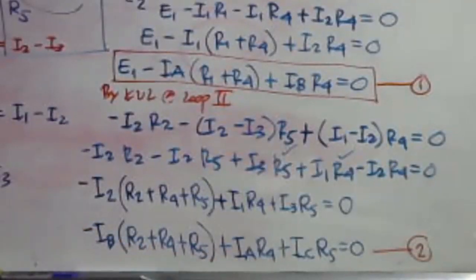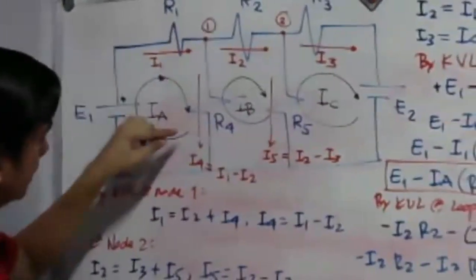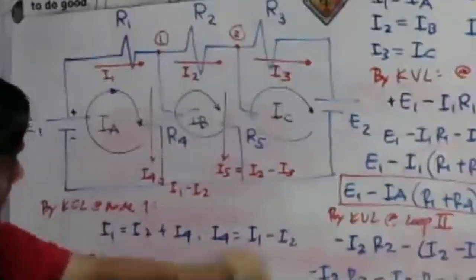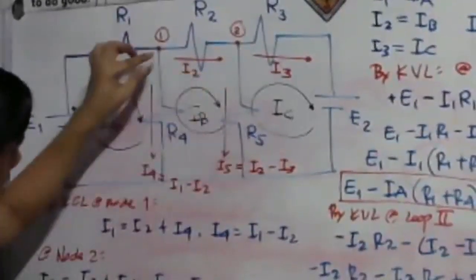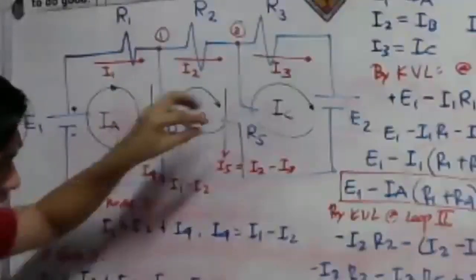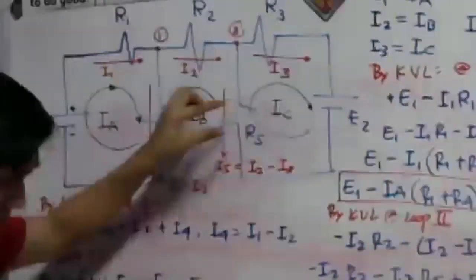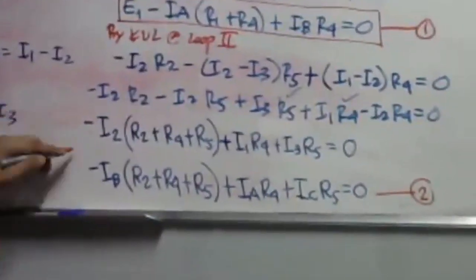You have to add this. So we have here IA for this case for loop 2. We have here plus IA times R4. For this case, there are two common resistors for loop number 2, which are R4 and R5. So you have to consider this also. IC times R5. That is our equation number 2.